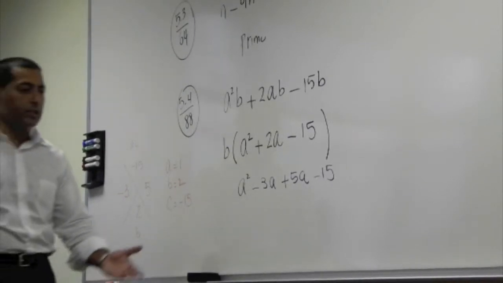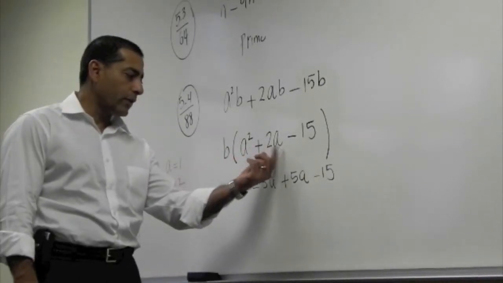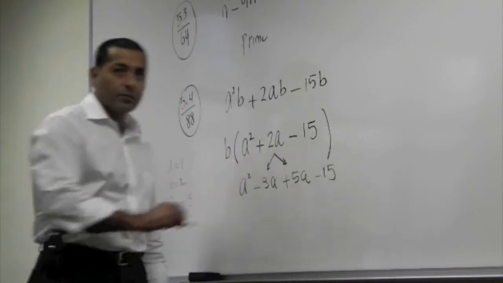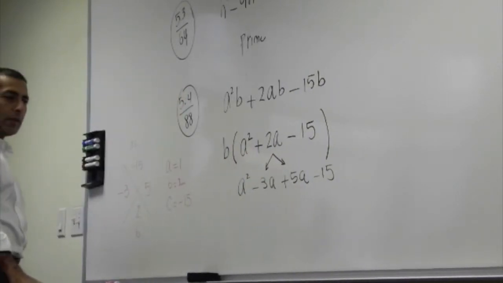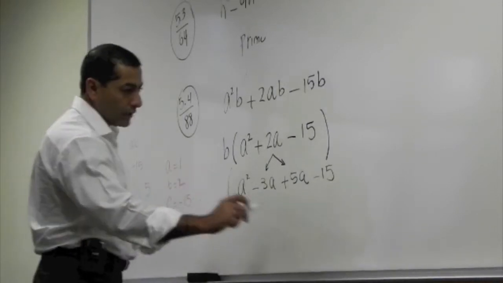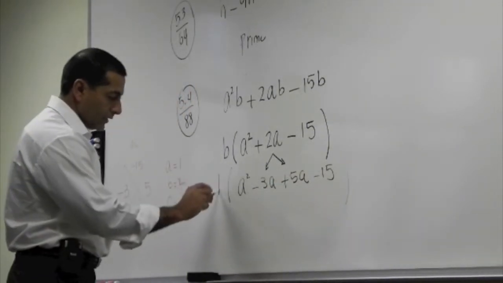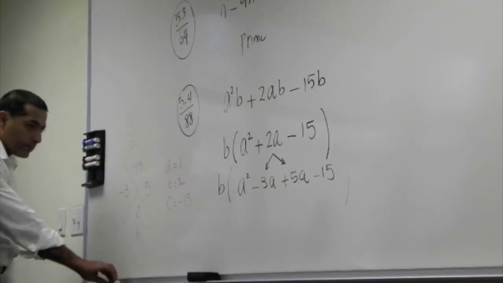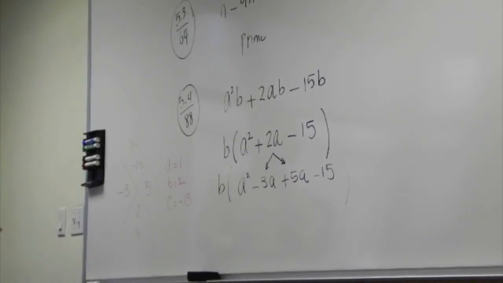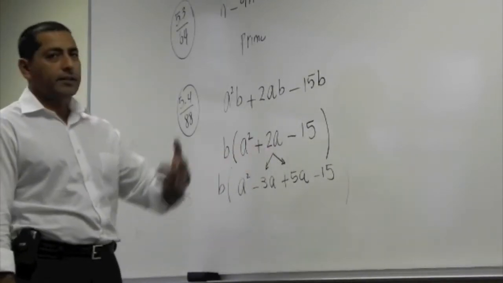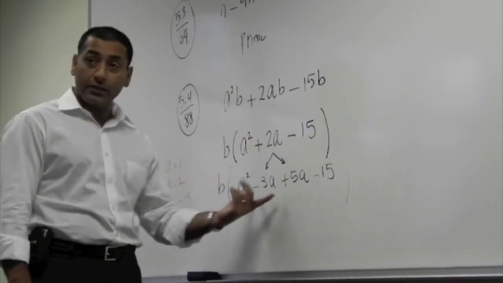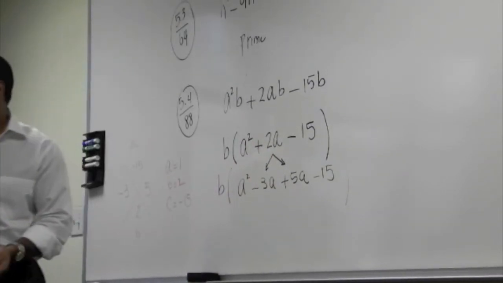So we haven't really changed anything. We've just taken the 2a and split it into two terms. Again, this b will continue to be carried on at the end. So we went from 3 terms to 4 terms. And we don't want to just split 2a into something like 7 and minus 5. It has to be the right combination, otherwise we'll never get a correct factor.